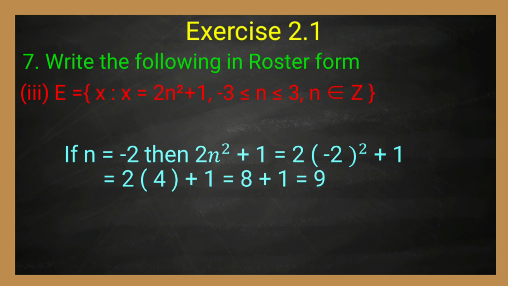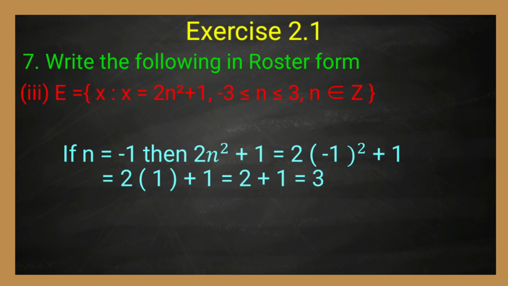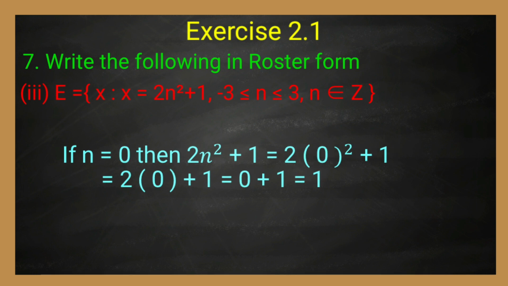If n is equal to -1, then 2n square plus 1 equals 2 into (-1) whole square plus 1, that is 2 into 1 plus 1, that equals 2 plus 1, that is 3. If n is equal to 0, then 2n square plus 1 equals 2 into 0 square plus 1, that equals 2 into 0 plus 1, that is 0 plus 1, that is 1.